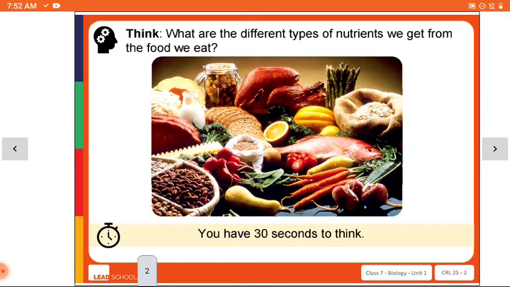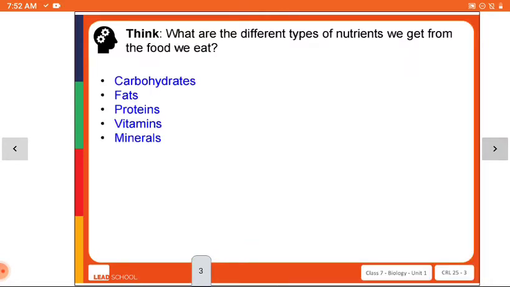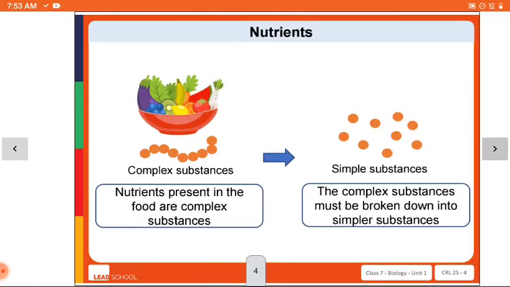So what are the different types of nutrients we get from the food we eat? Carbohydrate, fat, protein, vitamins, minerals. Nutrients present in food are complex substances.